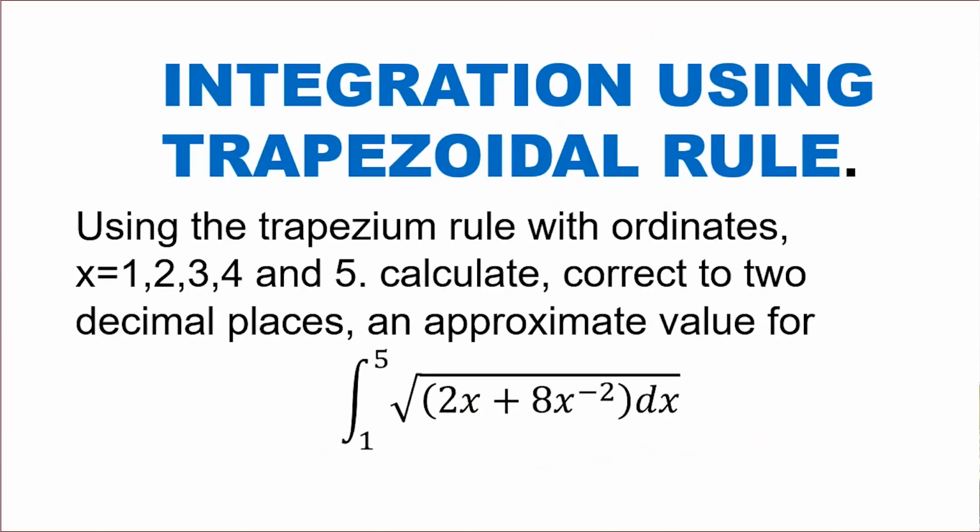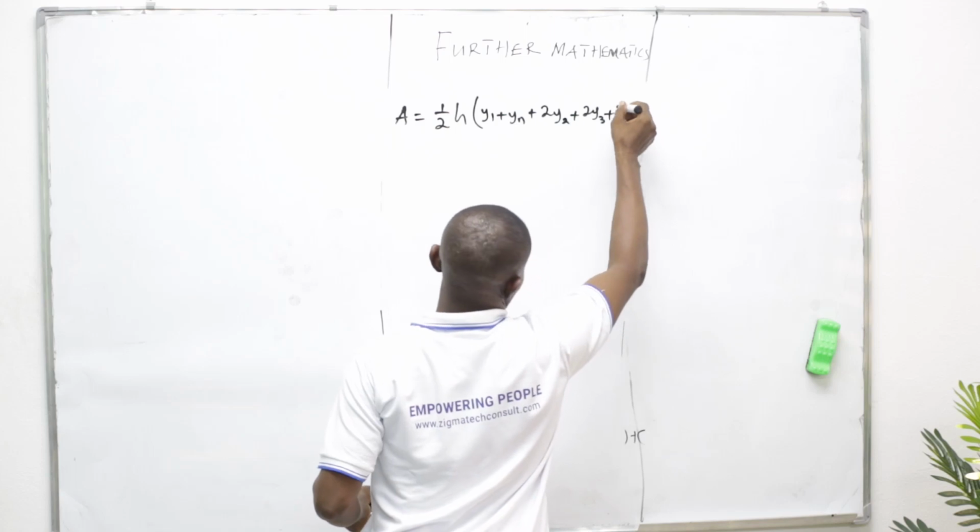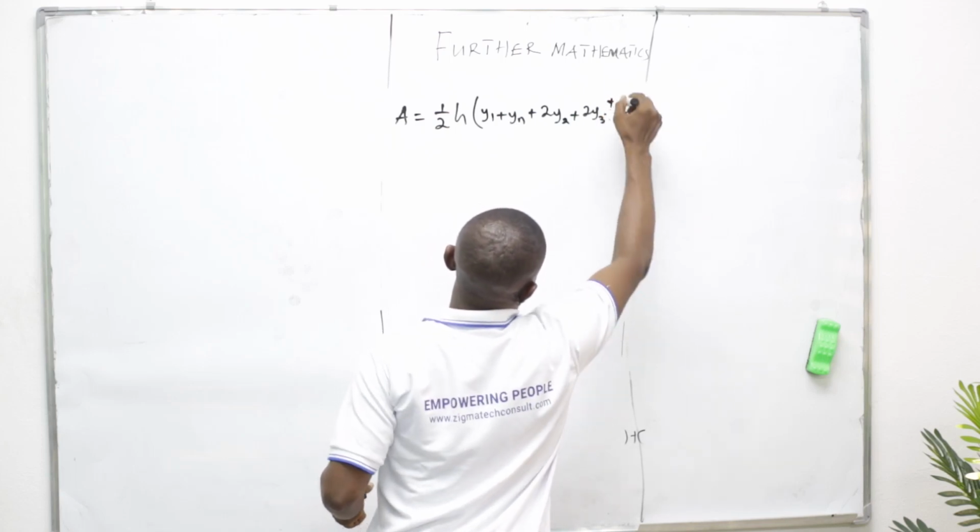Before we venture into this question, let me introduce you to the formula you need to be using. Area A equals 1/2 h bracket y1 plus yn plus 2y2 plus 2y3 plus 2y(n minus 1), plus dot dot dot.